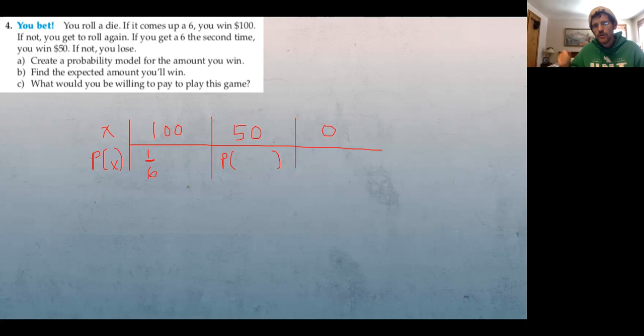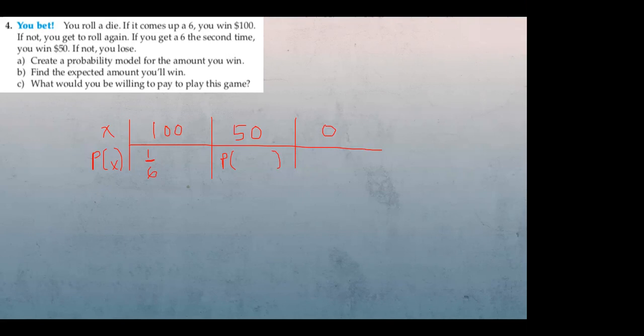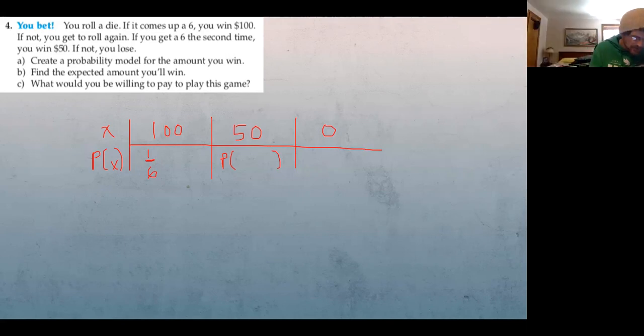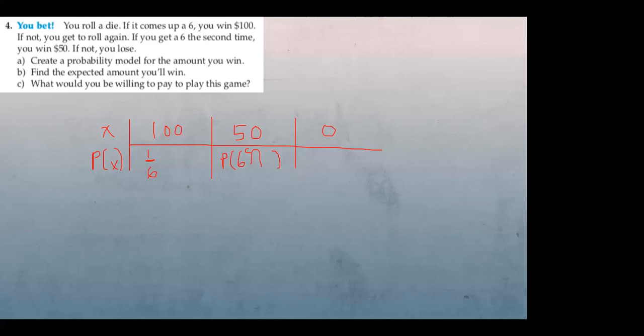Let me put it this way. I roll the die one time, and what do I get? Not a 6. So I'm going to put 6 complement right here. And then I roll it again, and what do I get? A 6.